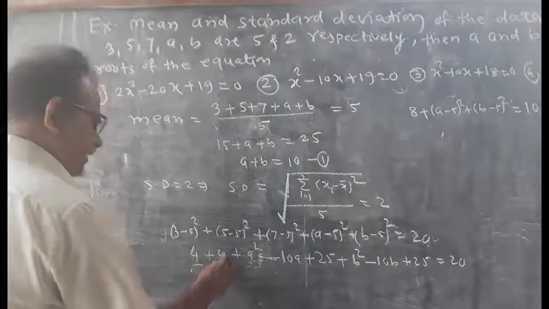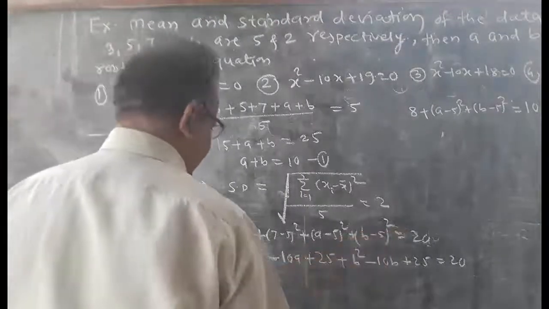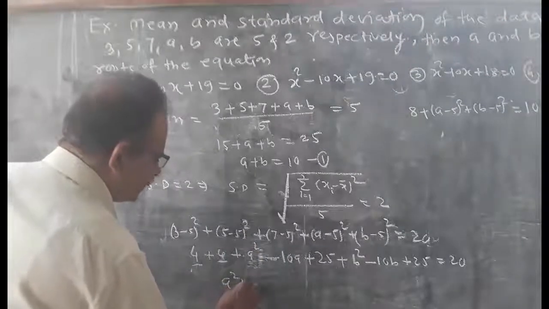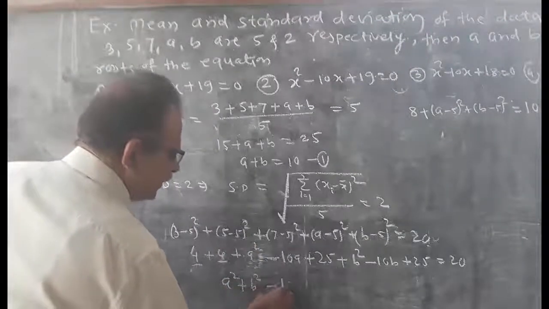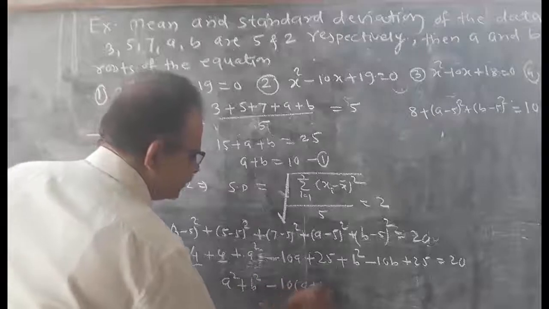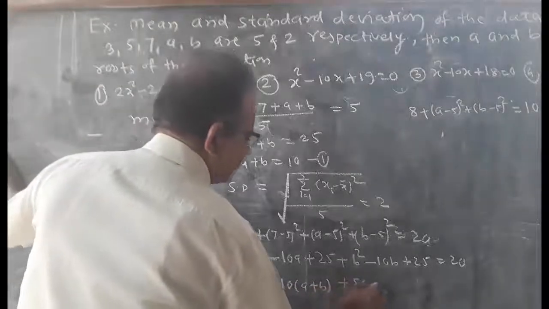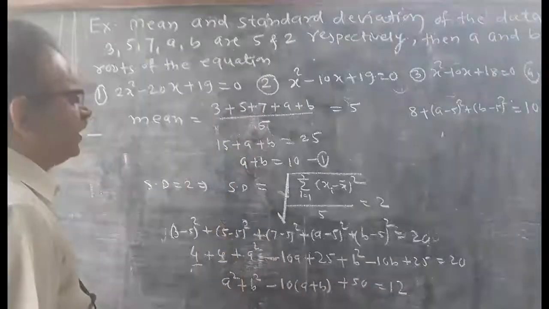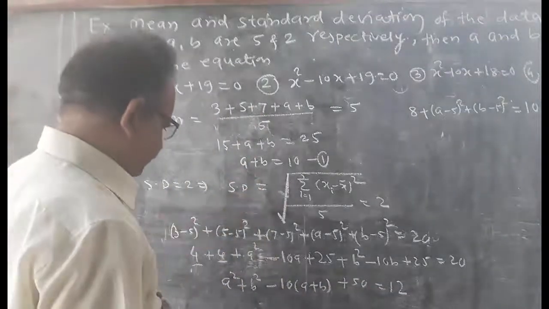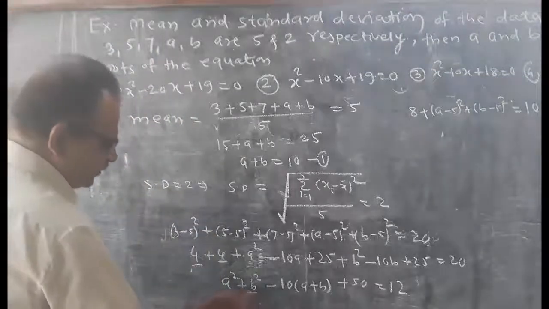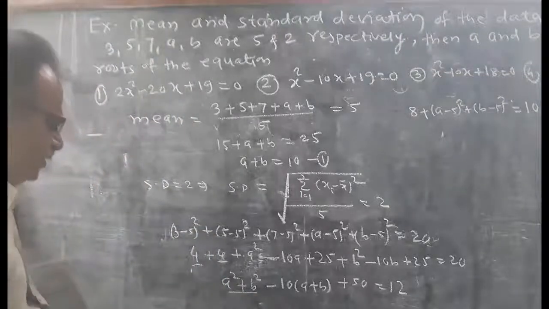4 plus 4 is 8. 20 minus 8 will be 12. a square plus b square minus 10 times (a plus b) plus 50 equal to 12. We have a plus b equal to 10. Therefore, we shall try to write this a square plus b square in the form of (a plus b) square.